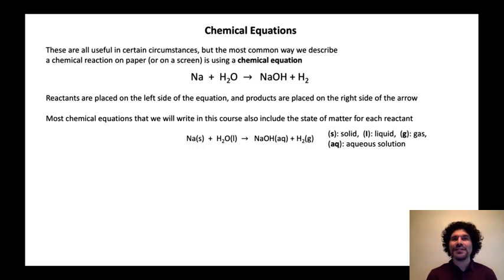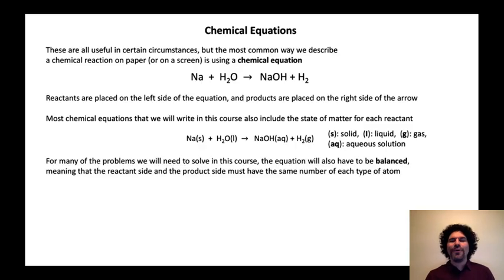The other product is sodium hydroxide dissolved in water. Remember, there's still water left; we haven't used it all. The way we write that is we put an (aq) in parentheses after the NaOH to indicate that this is an aqueous solution of sodium hydroxide, or rather a solution in water.